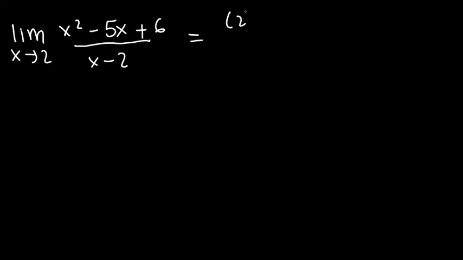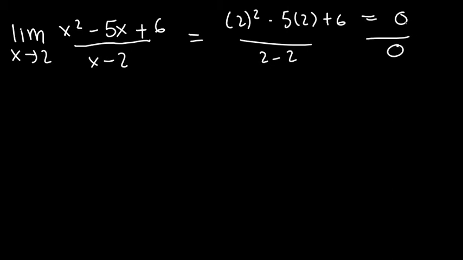We get 2 squared minus 5 times 2 plus 6, which is equal to 0. And then 2 minus 2, which is also equal to 0. So we get 0 over 0. We cannot divide by 0, though. So this is called an indeterminate form.